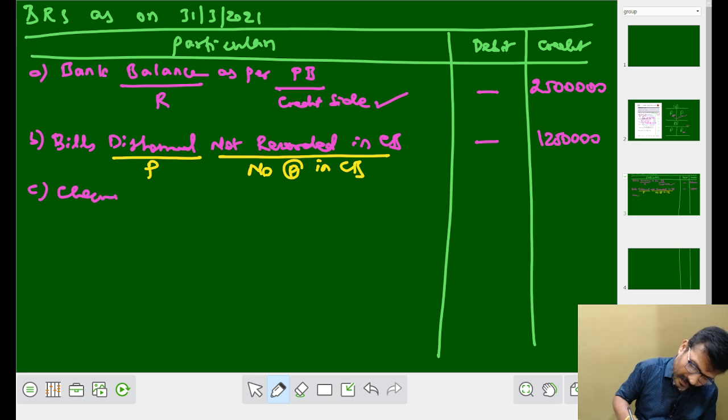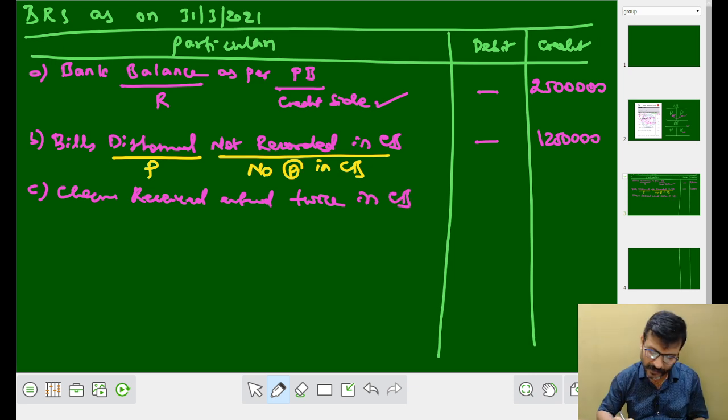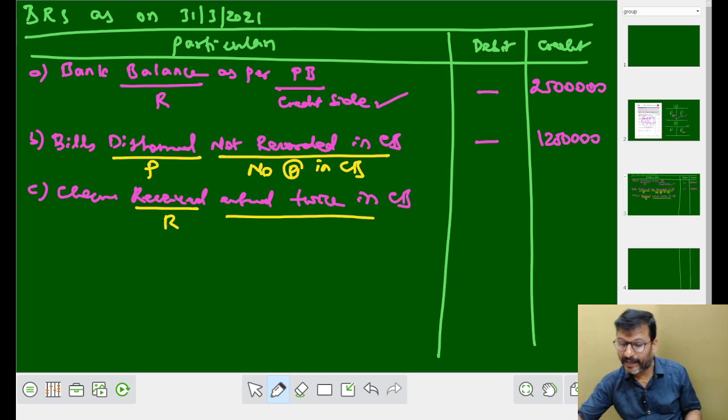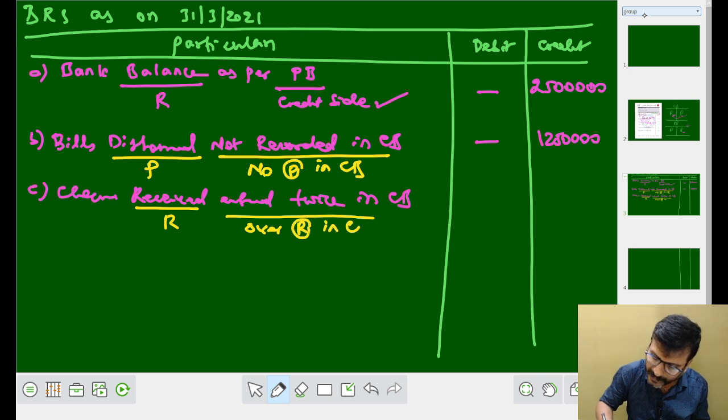Checks received, entered twice in cash book. The word received is receipt. Entered twice in cash book means over receipt in cash book.